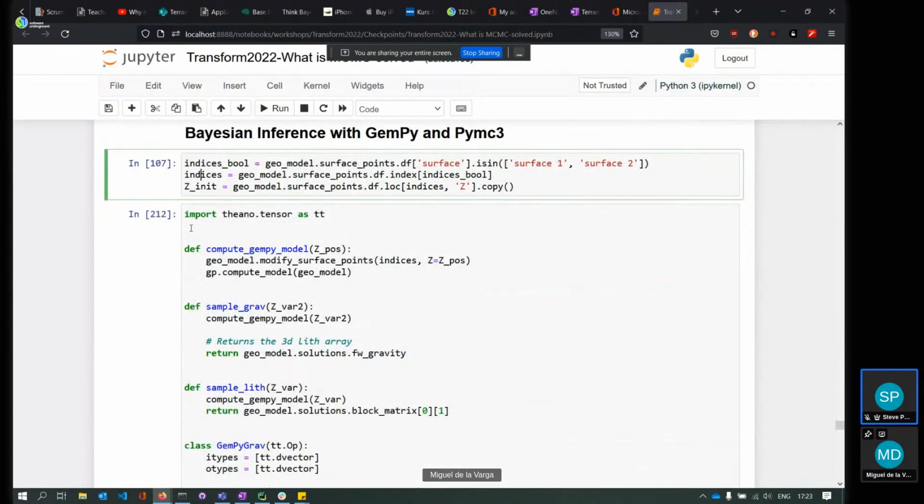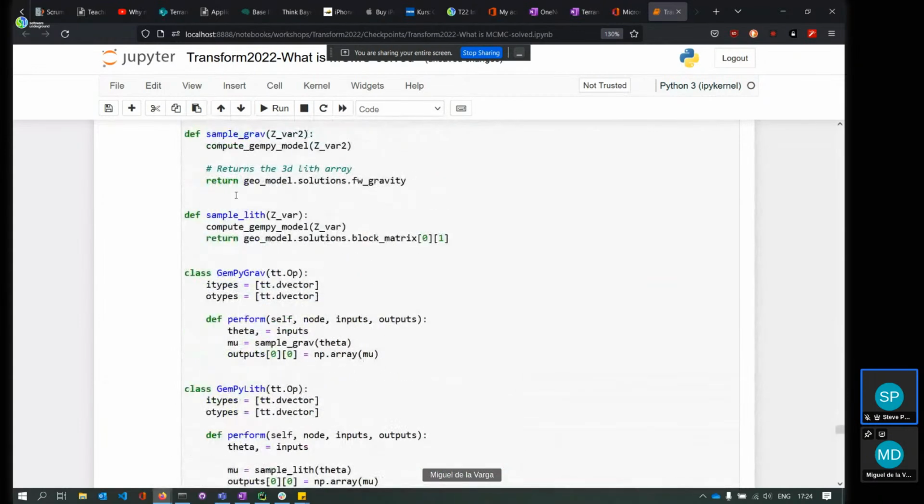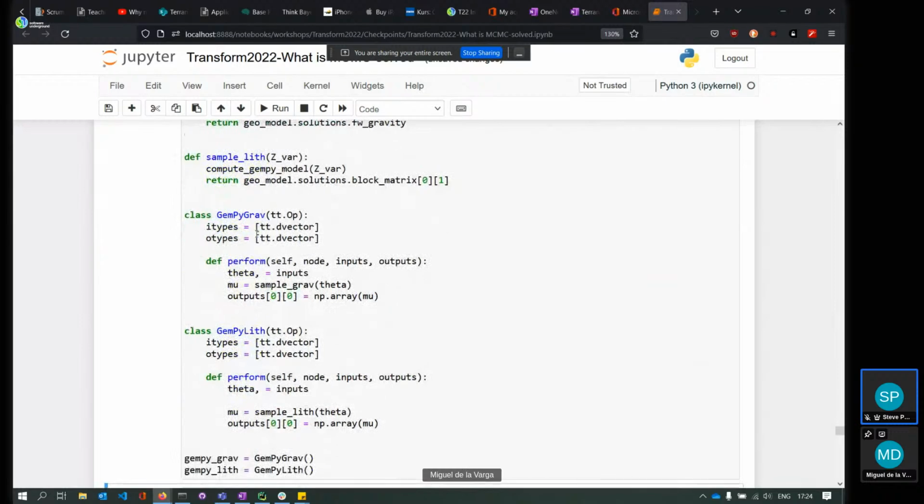Yeah, and basically here is going to be a bit of code that I think is not interesting to get into in the tutorial today, because again, I think this is ending up being more about the theory than the programming, with a nice example for you to play with. But here we are just extracting indices of the arrays that GemPy contains, the inputs, and here doing a bit of Theano wrapping, so just taking normal Python functions and wrapping them with Theano code so that we can put them in PyMC3, because PyMC3 is working with Theano as backend.